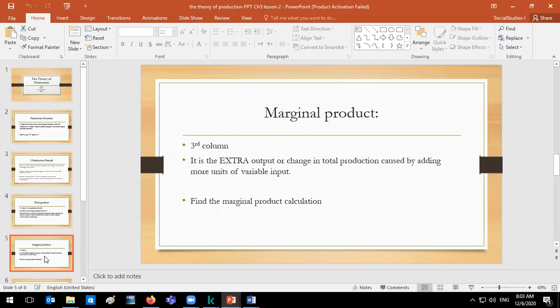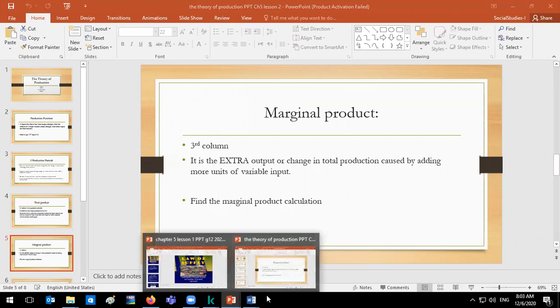So when I say marginal product, I mean the extra output, the change in total production that happens when we add one more unit of labor.